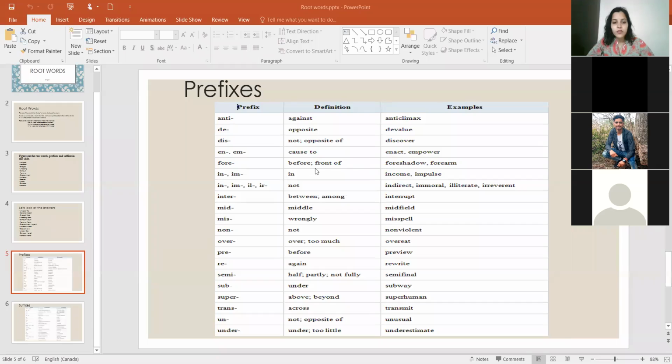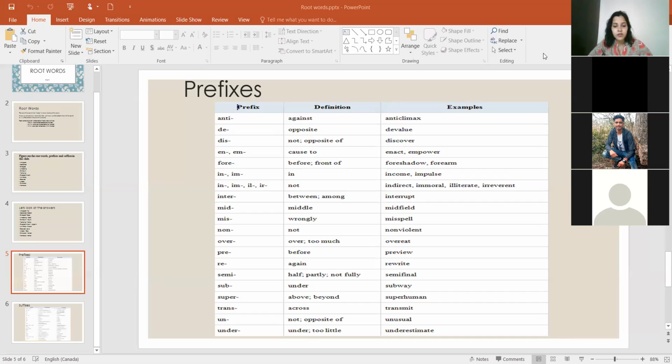So what about the prefix fore? Fore means before or in front of. Forever won't be correct, right? Similarly, forbidden. Foresight is correct. Forehead, forward, yes. Forgive is a word in itself.